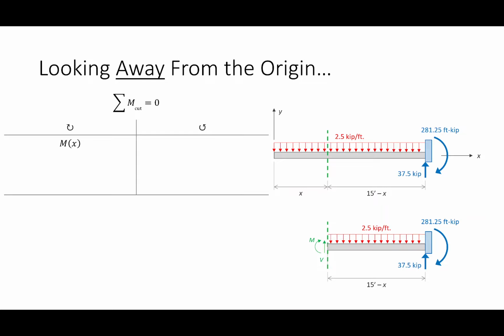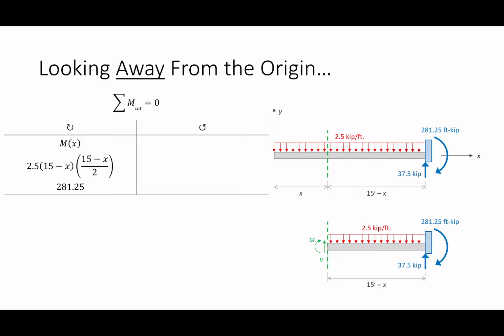Okay, now let's talk about this force. What's the amount of force? Is it 2.5x? No, it is 2.5 times (15 minus x) times a moment arm of 1/2 of (15 minus x). So I have to consider all that. I also have 281.25 on there.